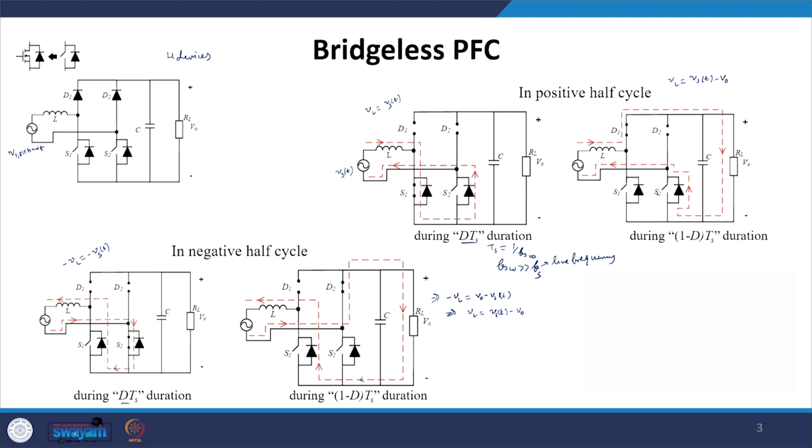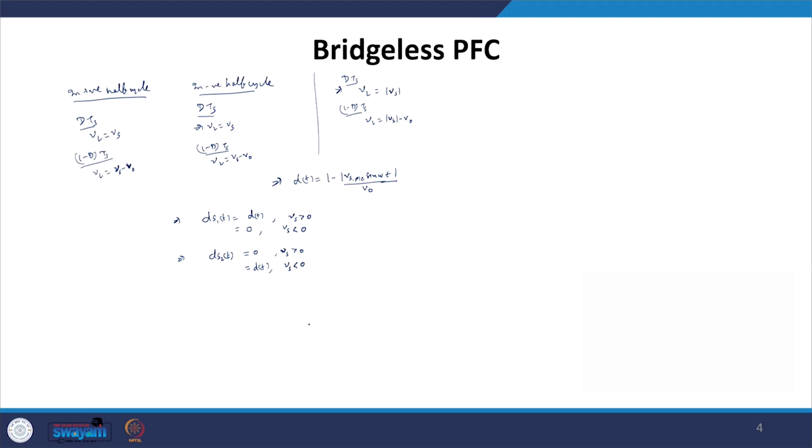In the negative half cycle, in the dTs period, it is the S2 switch and the body diode across the device S1, and in the 1 minus dTs period, it is D2 and the body diode across the device S1.